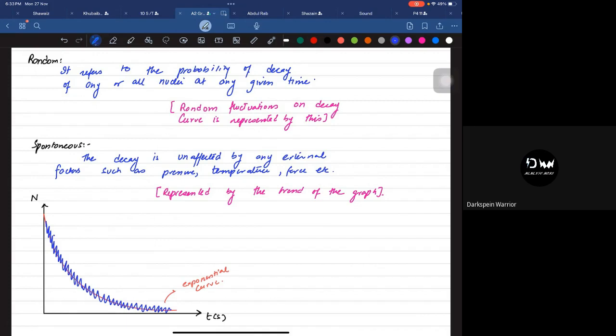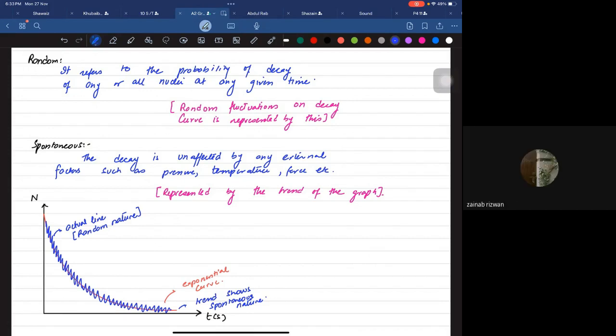So the actual line, the blue one, shows the random nature, and the exponential curve shows the trend, that's the spontaneous nature, because it would just decay when it wants to. It doesn't really get affected by any factors at all.